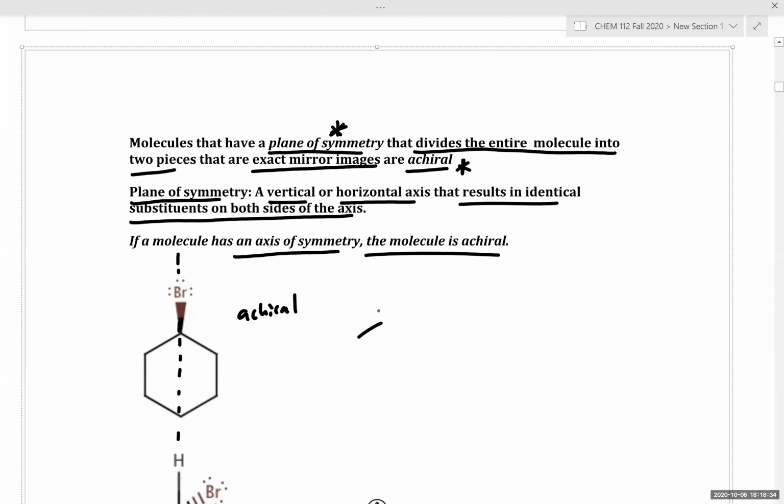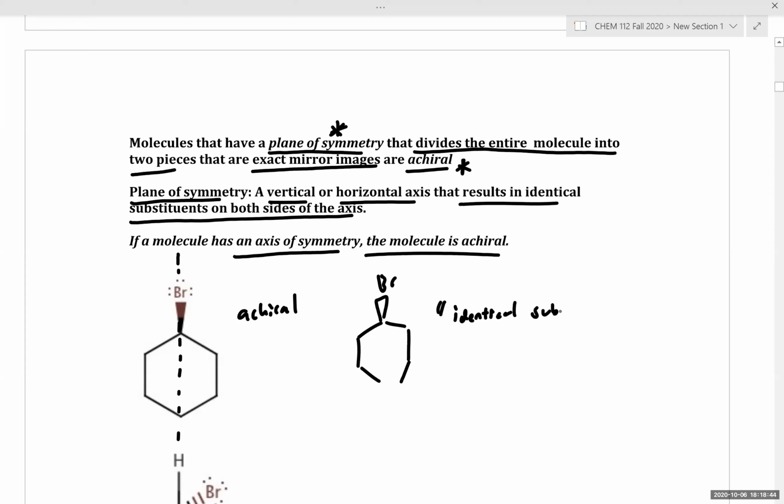Another way that you can think about this is simply if we think about the substituents attached to our bromine, we essentially have quote unquote identical substituents. It's another way of thinking about things that makes it a little bit easier to understand this idea of a plane of symmetry.